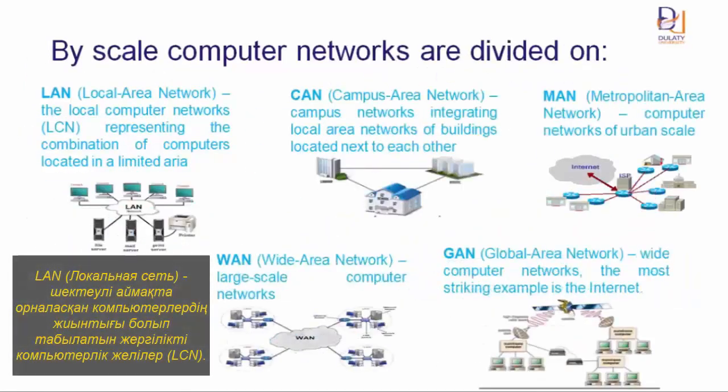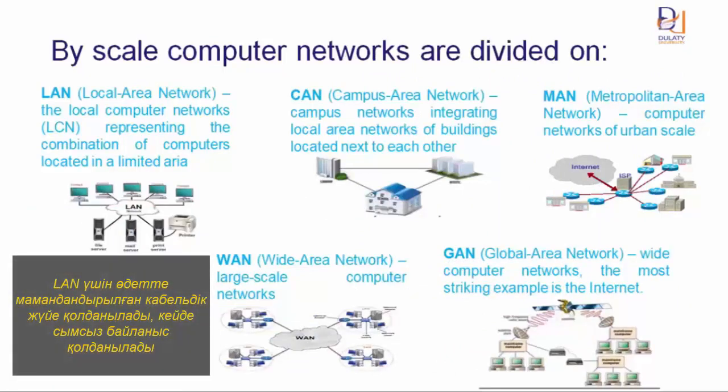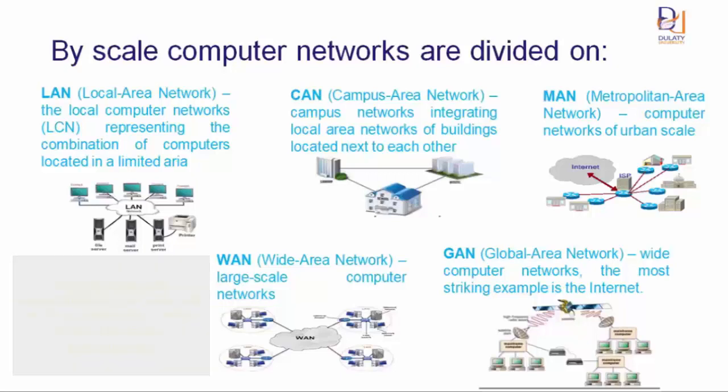Local area network. The local computer networks representing the combination of computers located in a limited area. For LAN, the specialist cable system is usually used. The wireless communication is sometimes used.